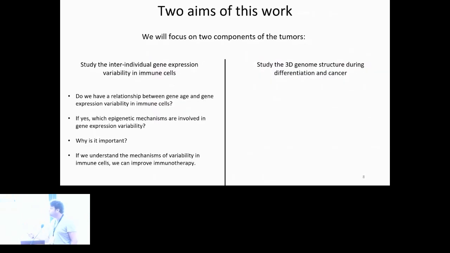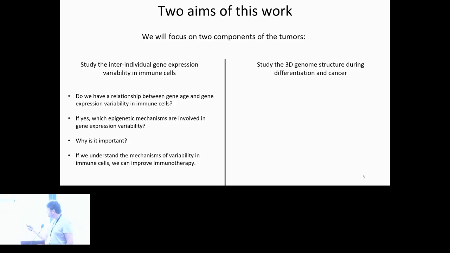We have 2 aims. The first is to study the inter-individual gene expression variability in immune cells. The question is, do we have a relationship between gene age and gene expression variability in immune cells? If yes, which epigenetic mechanisms are involved in gene expression variability? Why is it important? If we understand the mechanism of variability in immune cells, we can improve immunotherapy. The second is to study the 3D genome structures during differentiation in cancer.